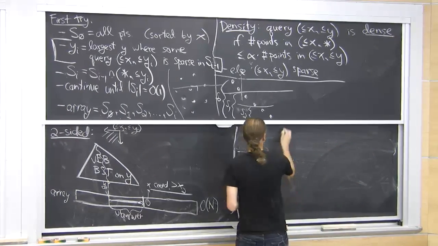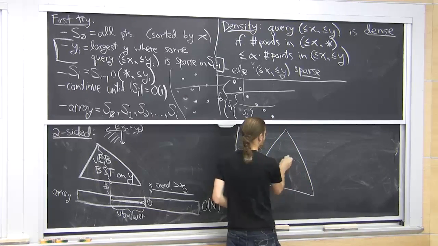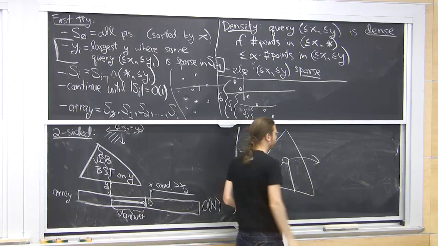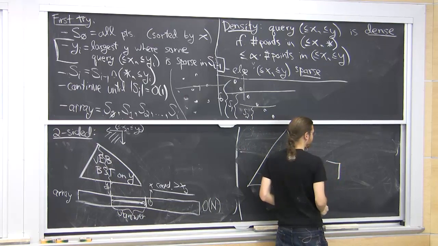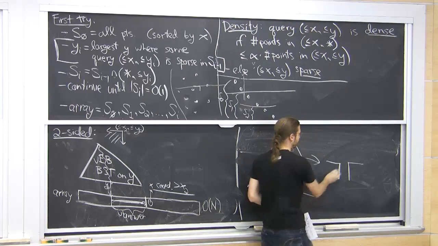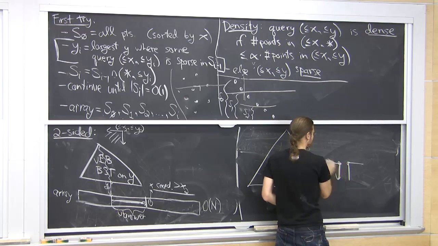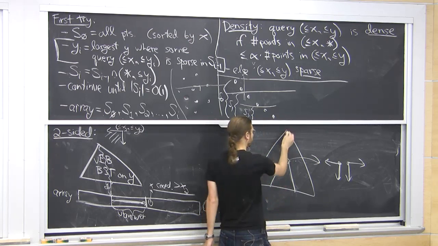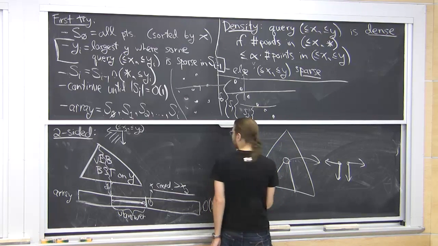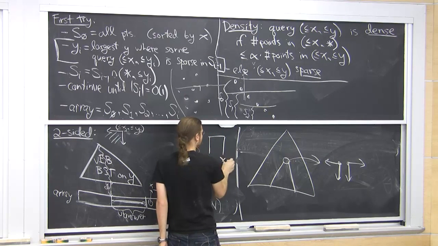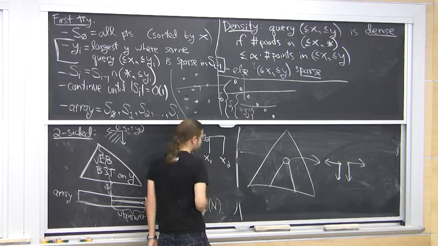So you have a binary tree, and on each node, you store two augmented structures. One which can do range queries like this, and one which can do inverted range queries like this. This should look familiar. And so you do a search on, let's say we want to do this thing. So we have x1, x2, y2.